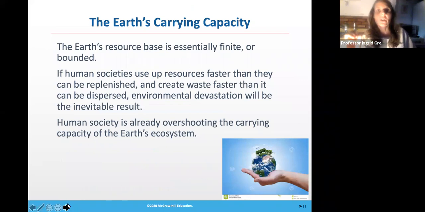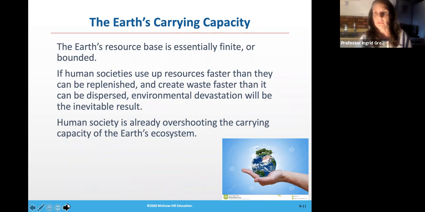Great, so let's go ahead and talk about the Earth's carrying capacity. Here we talk about the Earth's resource base as essentially finite, or bounded. We only have so many corals, we only have so many trees, we can only grow trees so fast. We only have so much water.